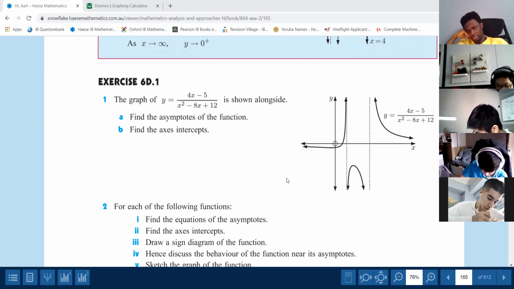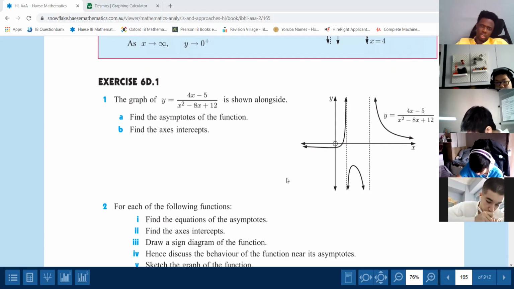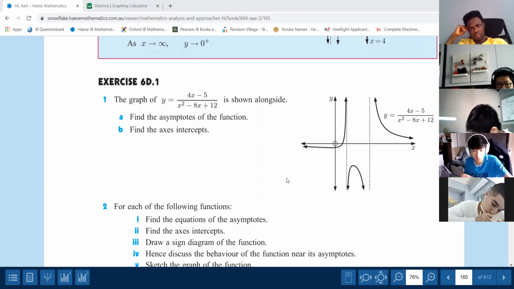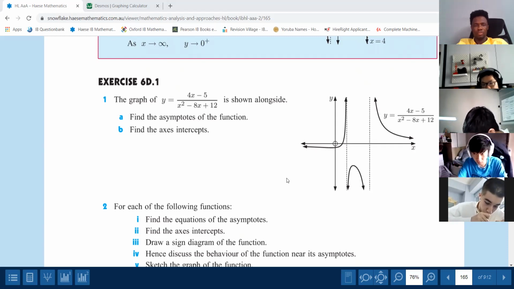Private message is fine. Got it. Yeah, that's correct.